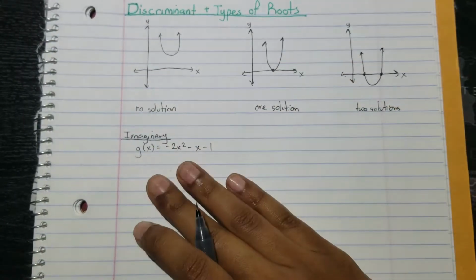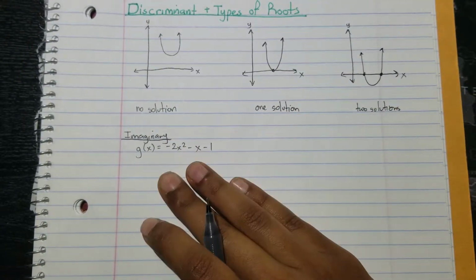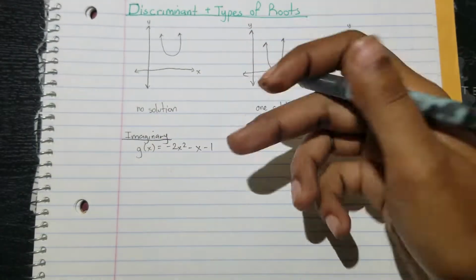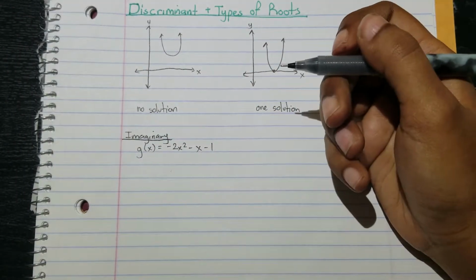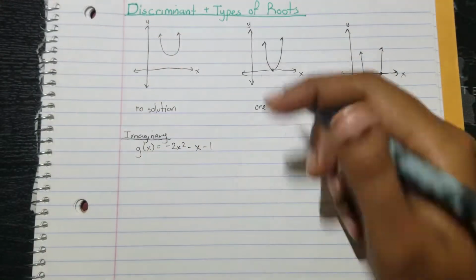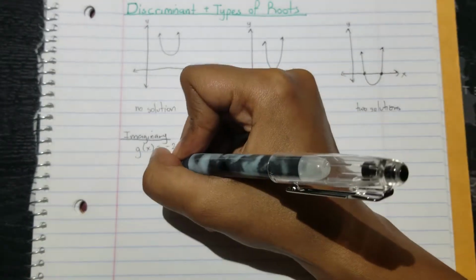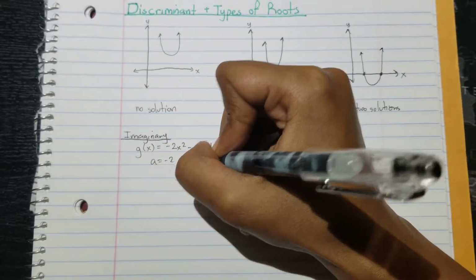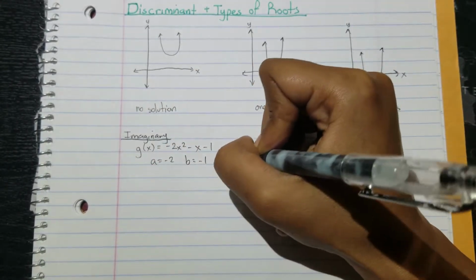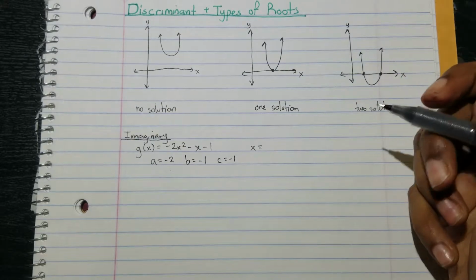When we're trying to determine the types of roots we're dealing with, we need to use the quadratic formula, or specifically the discriminant, which I'll point out in a bit. So let's substitute our a, which is negative 2, b, which is negative 1, and c, which is negative 1, into our general quadratic formula.